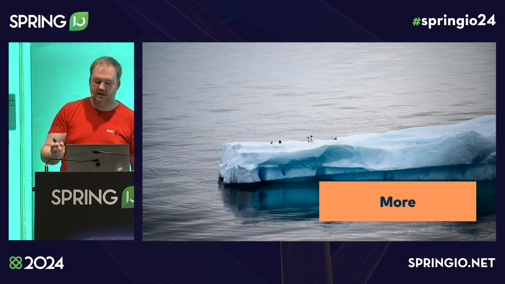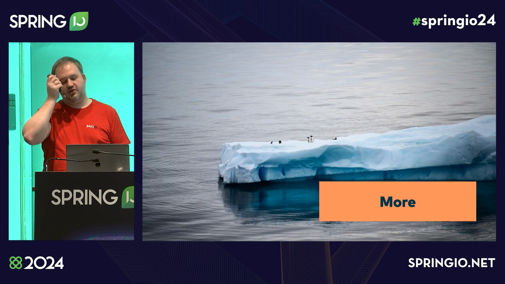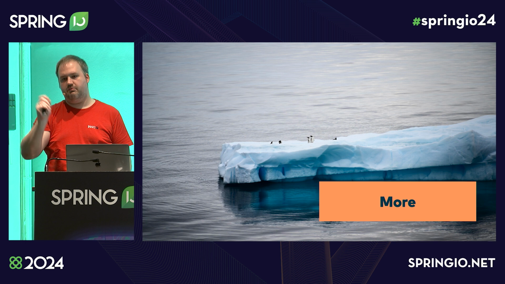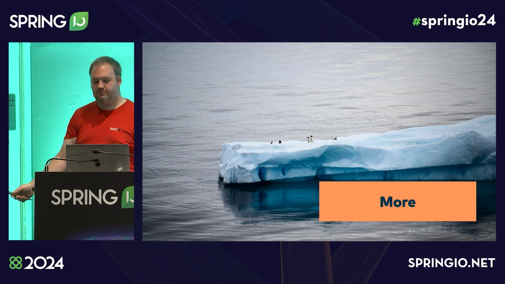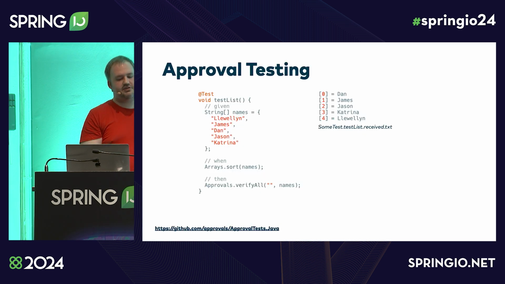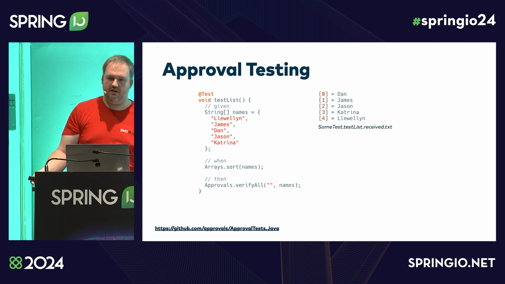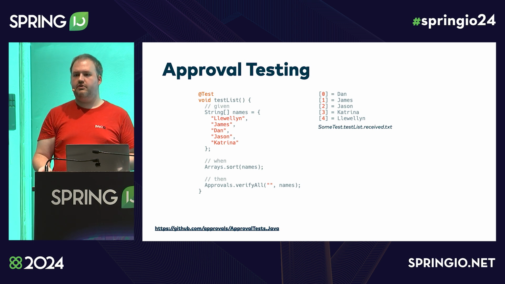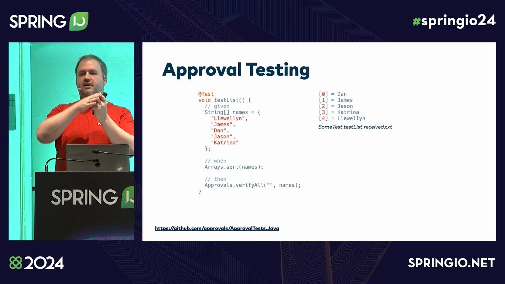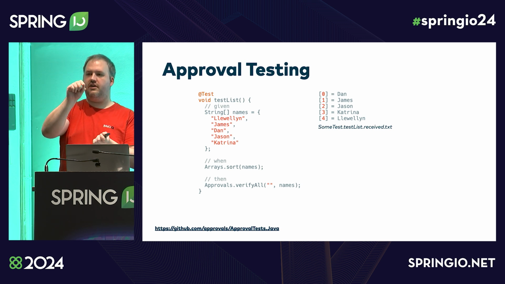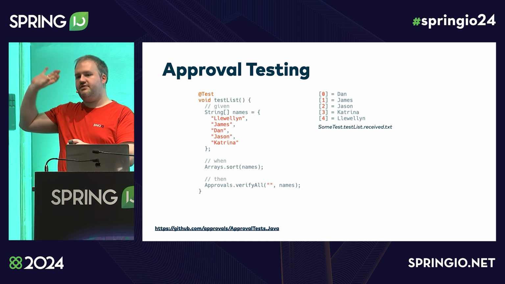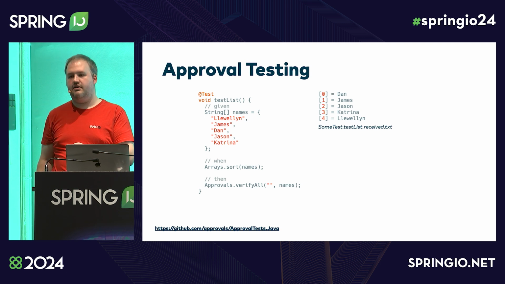Okay. And of course, we could talk about multiple more topics. For example, you could try out approval testing. That's a thing I know most from front-end frameworks, where you basically say, render my component, and that should look like exactly that generated code in that file.